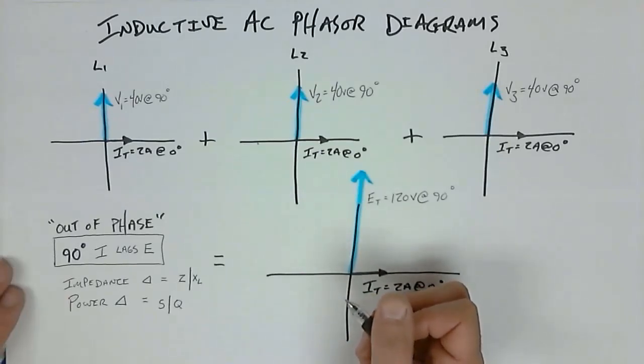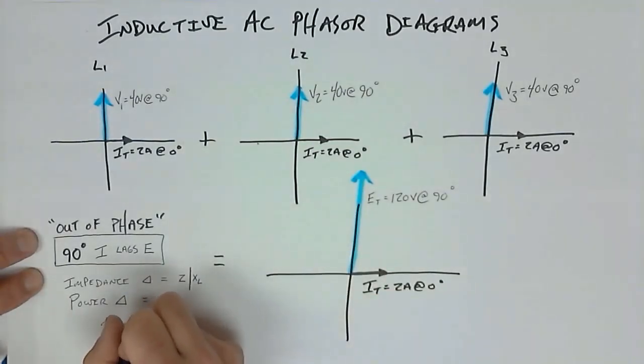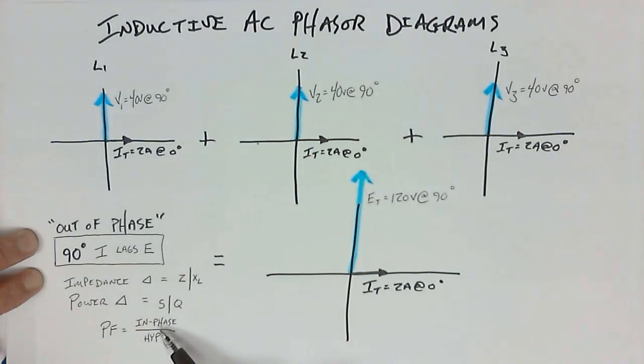If we were to calculate the power factor of this circuit, remember, power factor is always the adjacent side, which is the in-phase component, divided by the hypotenuse. What is the in-phase component value as a magnitude? It's 0. What's 0 divided by the hypotenuse? Remember, the hypotenuse is the total.